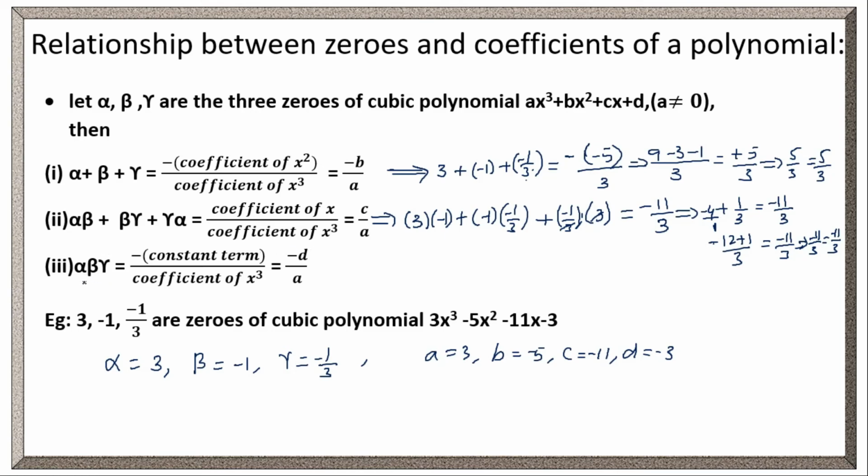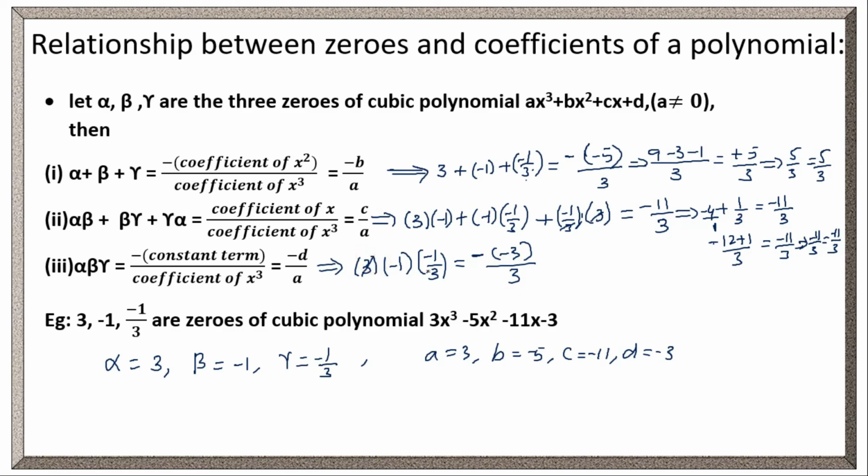Clear? Right. Now let us check product of zeros. Product of zeros alpha, beta, gamma equal to minus d by a. So here what are the zeros we have? 3 into minus 1 into minus 1 by 3 equal to minus d by a. Minus of d value is minus 3, a value is 3.